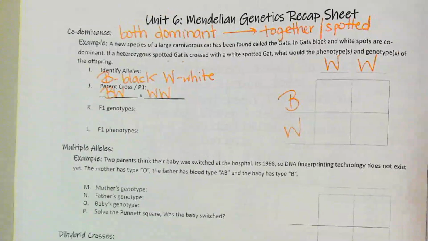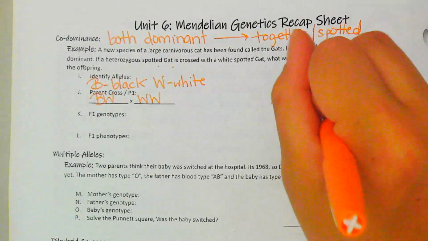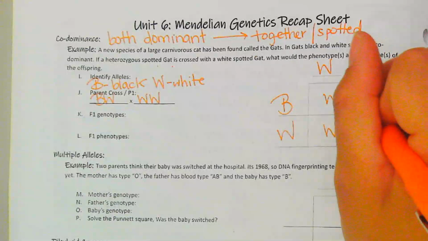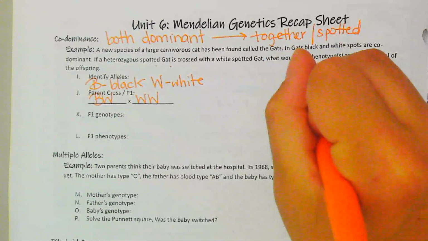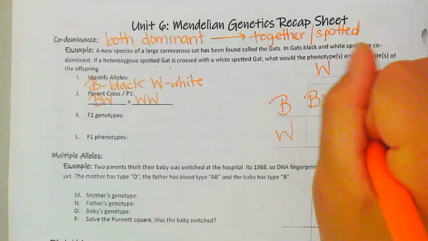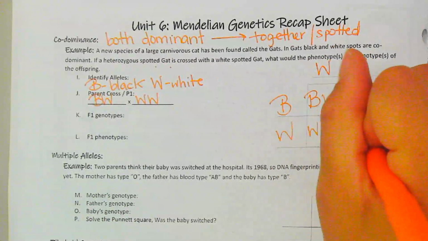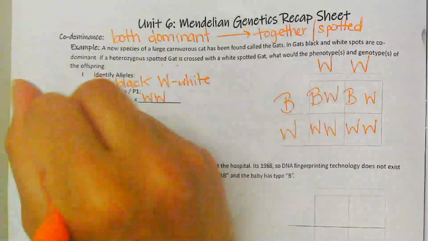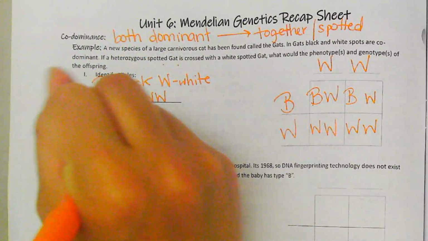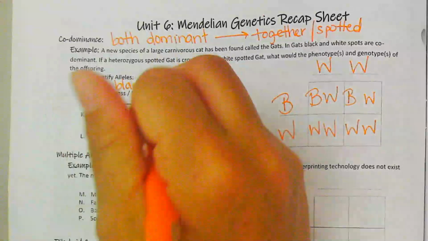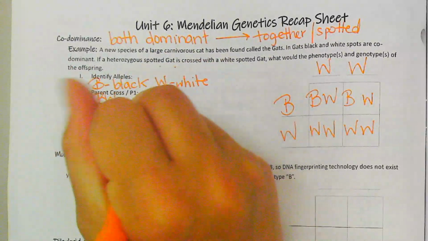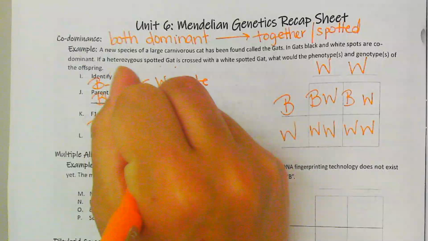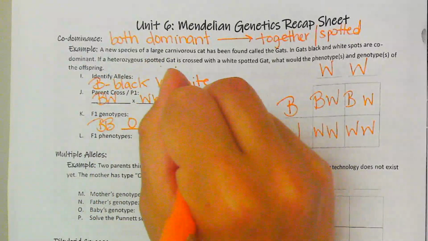Set it up, drag them down, drag them over. So 0 are homo for B. 2 are hetero.